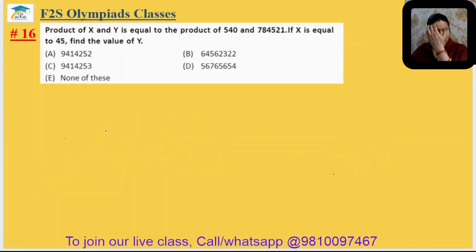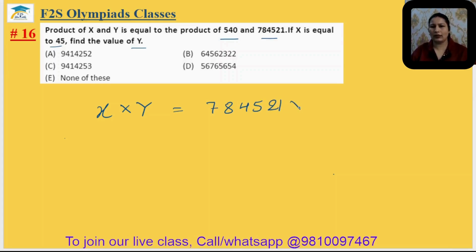Question number 16. The product of x and y is equal to the product of this and this. If x is equal to 45, find y. So we know x multiplied by y equals 784521 multiplied by 540.